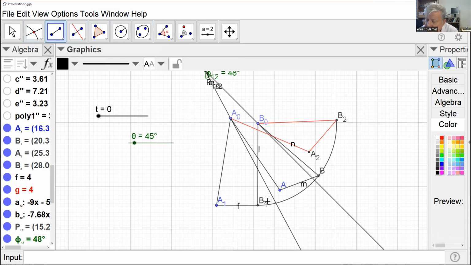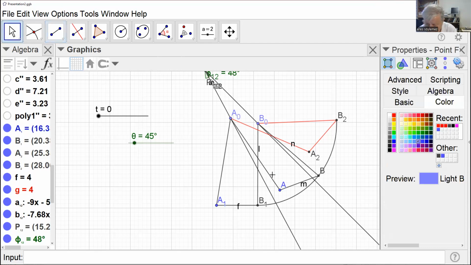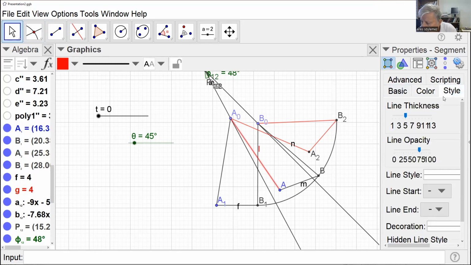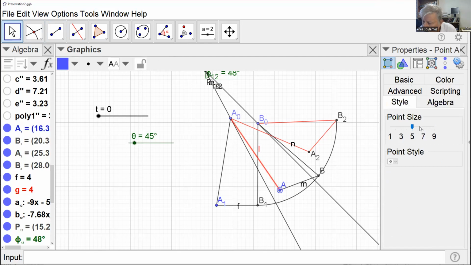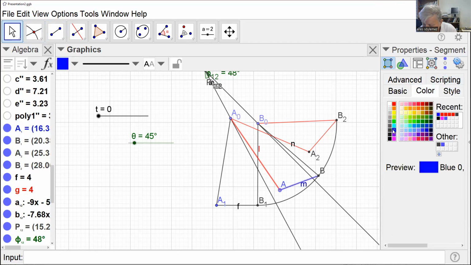This is my 4-bar mechanism in motion. Let me do it like this. Sorry. Increase the thickness. Make this blue.